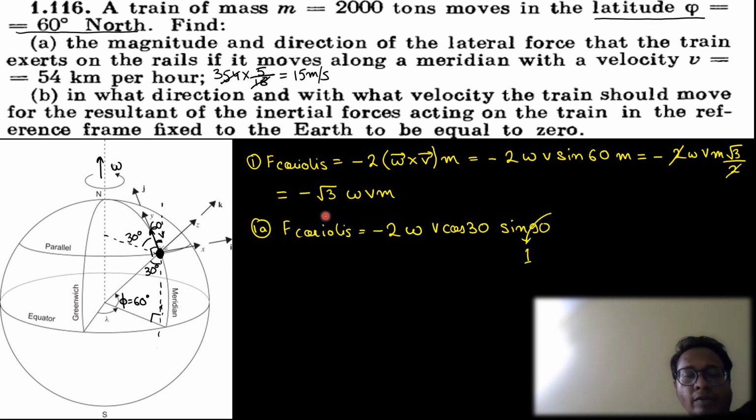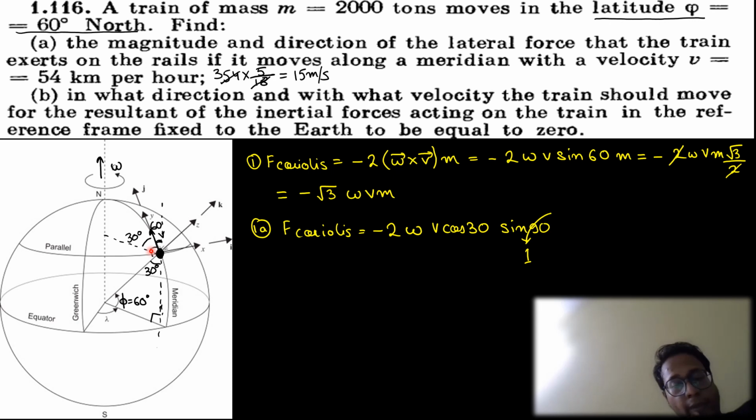The component of Coriolis force due to this vertical vector would be 0, because the angle between this vector and this vector is 0. So sine would be 0 here and sine 0 is 0. So there is no Coriolis force due to the component of velocity along this vertical line. There is only Coriolis force due to the component of velocity along this line.